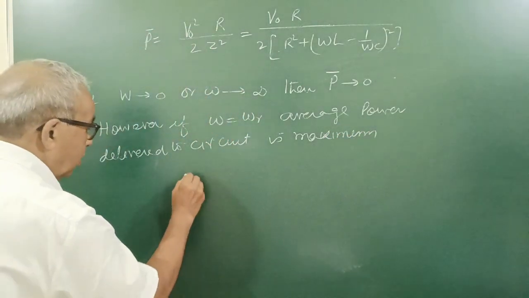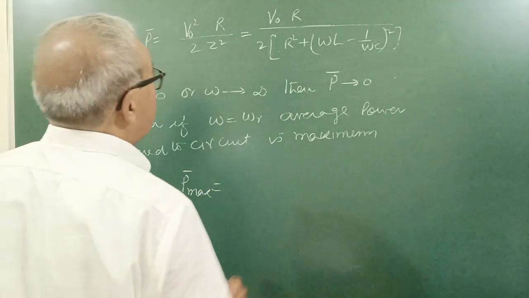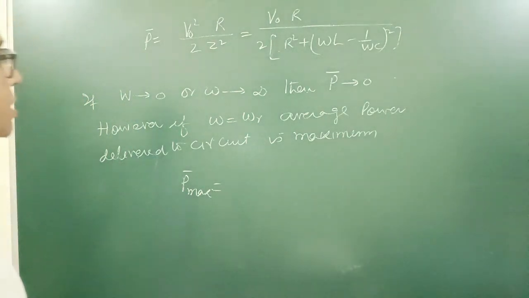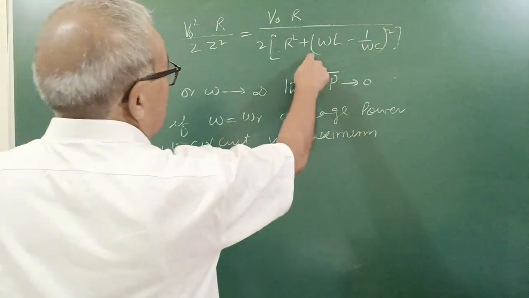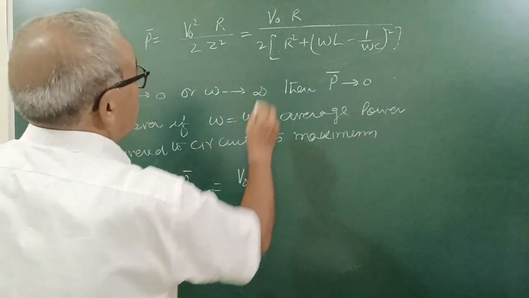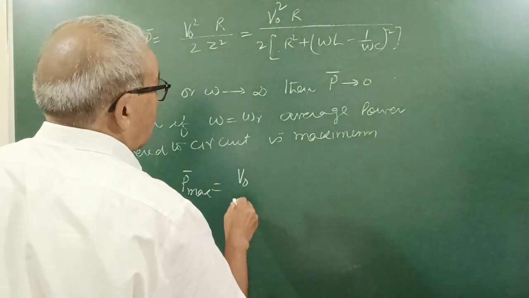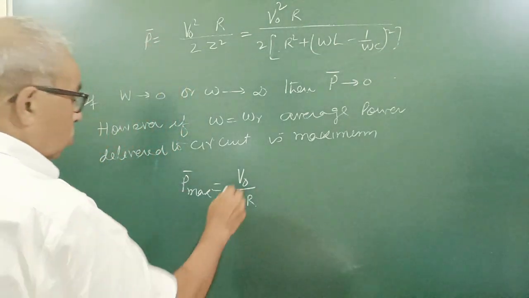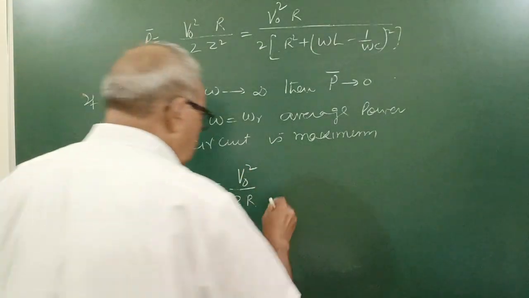That is, P bar maximum will be V0 square upon 2R.